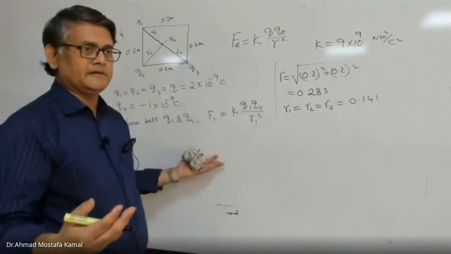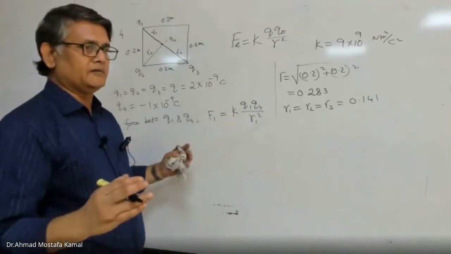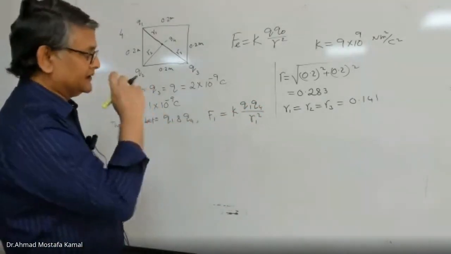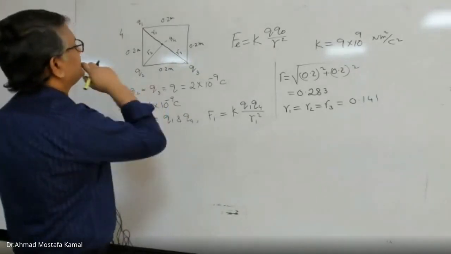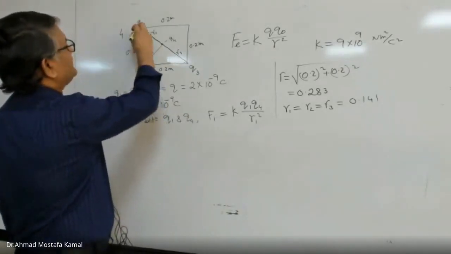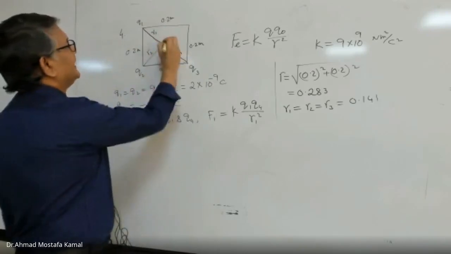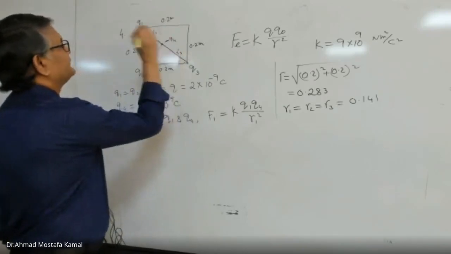We can find it out very easily. Magnitude can be found. Think about the direction now. Before finding the magnitude, think about the direction. Directionটা কি হবে? Q1 and Q4, একটা positive আর একটা negative. What type of force will be there? Attractive. Good. Attractive force.